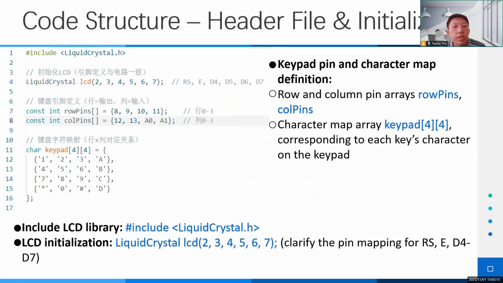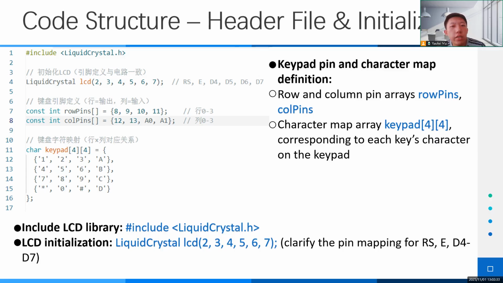Now let's look at the code structure, starting with the header file and initialization. First, we need to include the LCD library with include. This library helps us control the LCD easily.